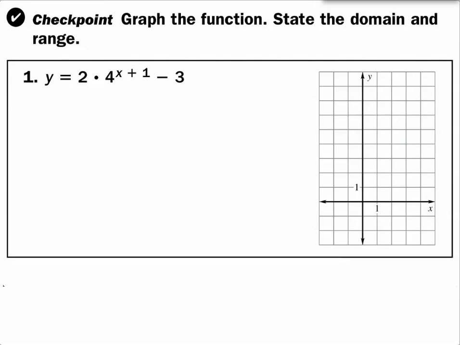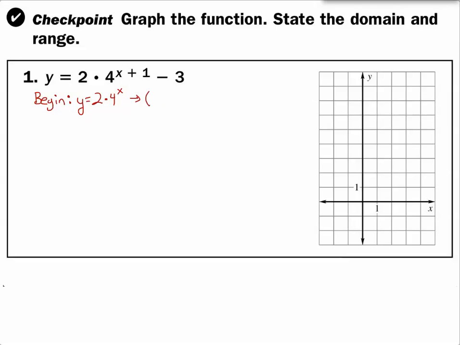Now, let's look at the checkpoint. If we were to follow the way the book had it, we're going to begin with a slightly simpler graph. y equals 2 times 4 to the x. And that has a couple fun points, right?